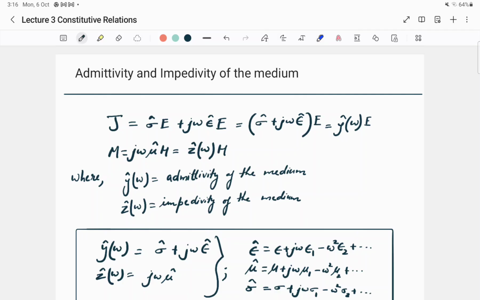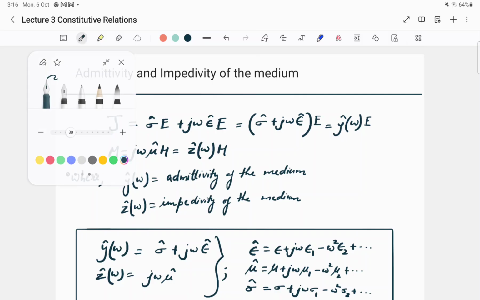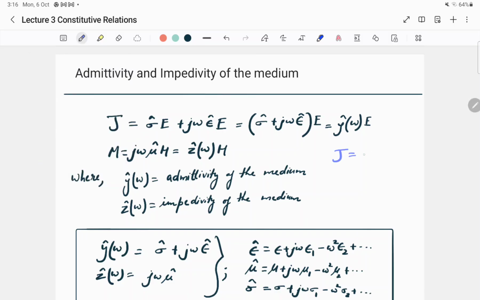Now we already know that J is sigma E plus j omega epsilon E. But now we understand that for a linear matter in general sense, this sigma and this epsilon should be replaced with sigma cap omega and epsilon cap omega.